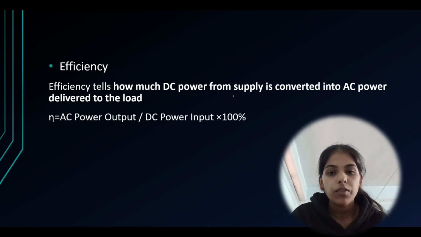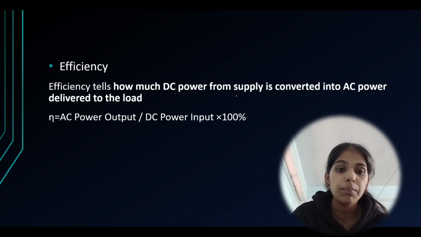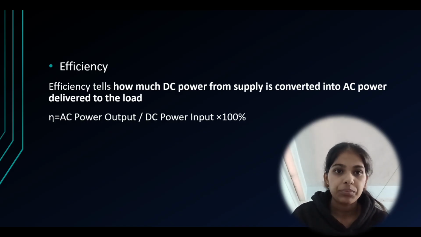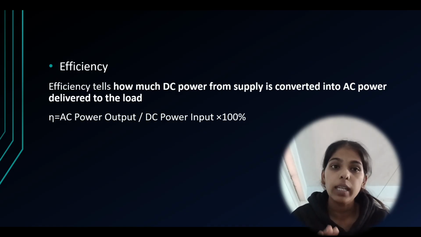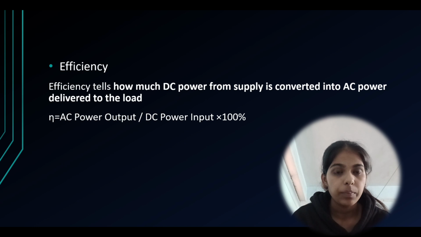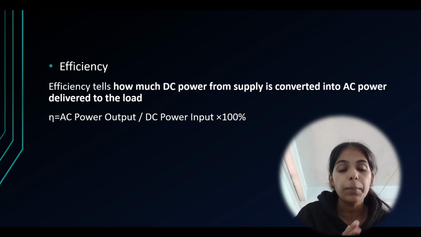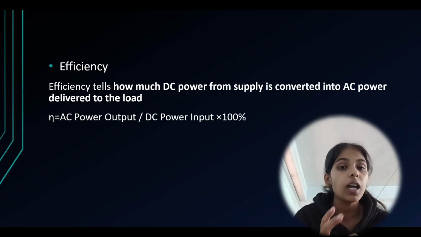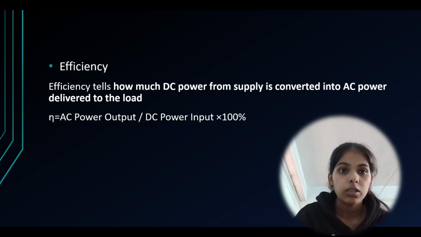Efficiency. Efficiency tells how much of the DC power from the supply is converted into AC power delivered to the load. Let's imagine I gave 100 watts to the amplifier as input, but the output is 40%. Where is the 60%? The 60% is heat, which heats the transistor.